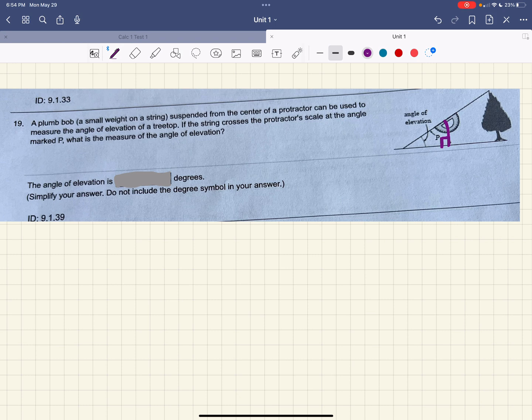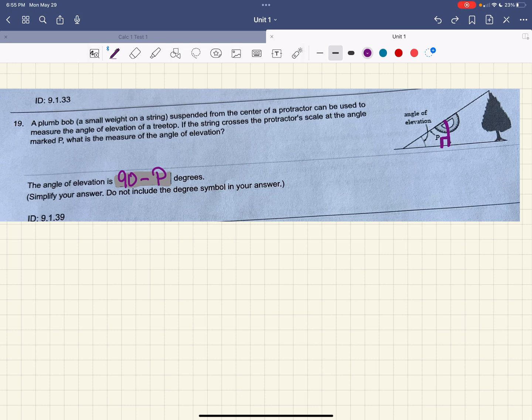So if this is a right triangle, and that's 90 degrees right there, we want to know, how do we figure out this angle of elevation? The way that we would figure that out is we would just subtract whatever the p-value is, and we've got our degrees right there, so I don't have to write that down. We would just subtract that p-value from 90 degrees.